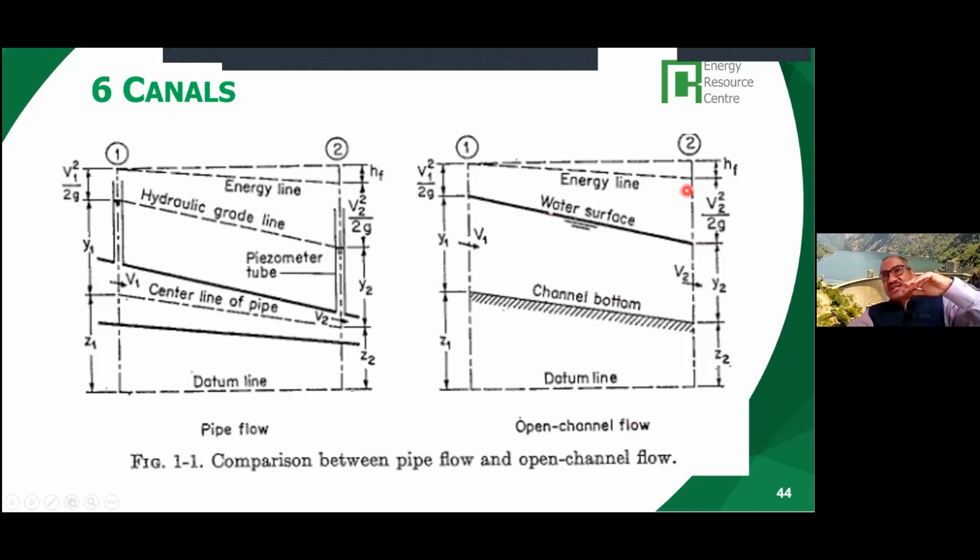And this is the energy line, which is the total of the water surface and the velocity head, plus hf, the friction losses when the water travels from this point to the other. Okay, so this is the difference between a pipe flow and an open channel flow.